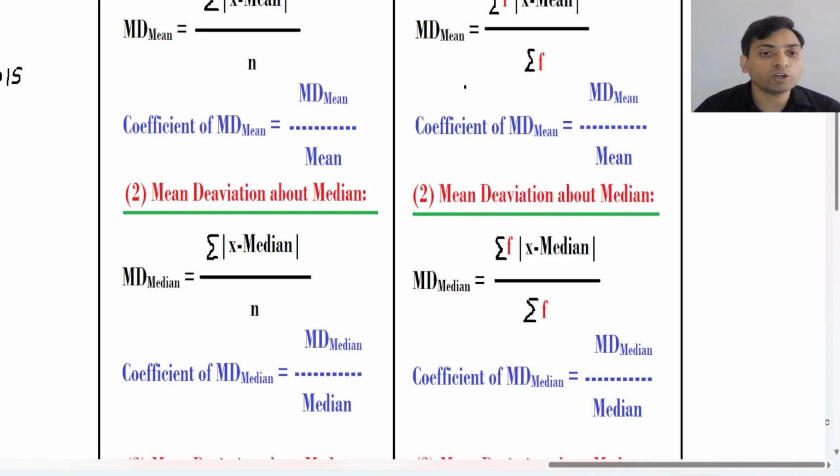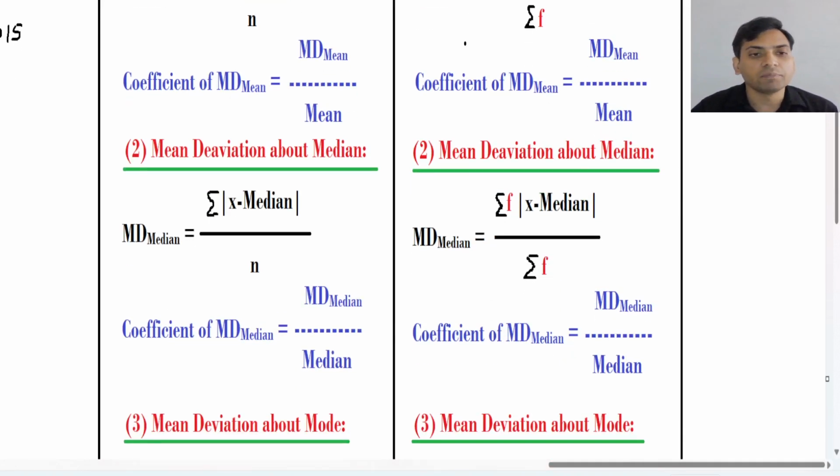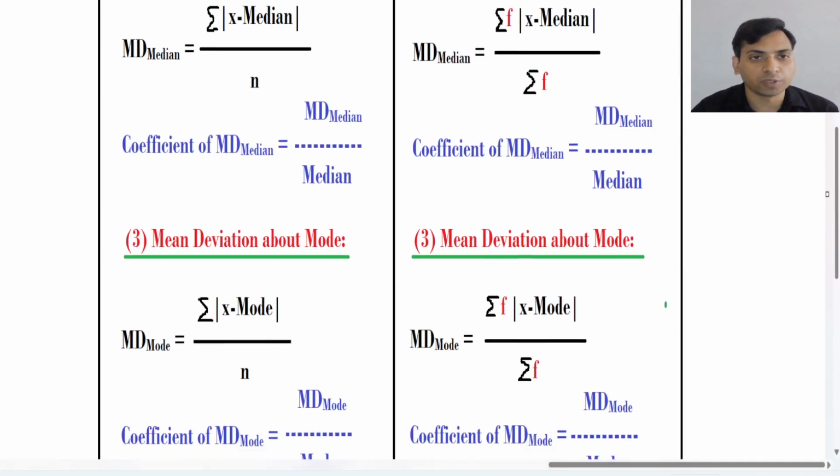The first task is calculation of median. After finding the mean deviation about median, we divide it by median to get the coefficient of mean deviation about median. Just like before, mean deviation about mean is divided by mean.